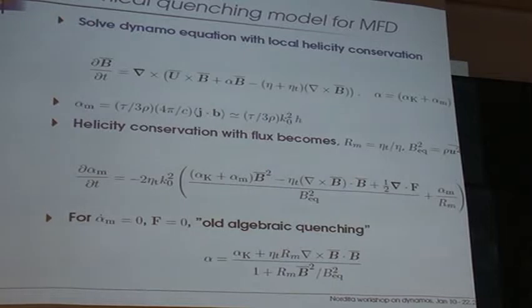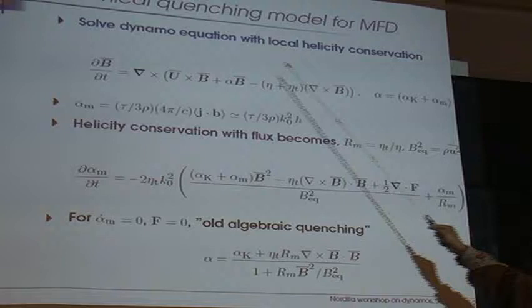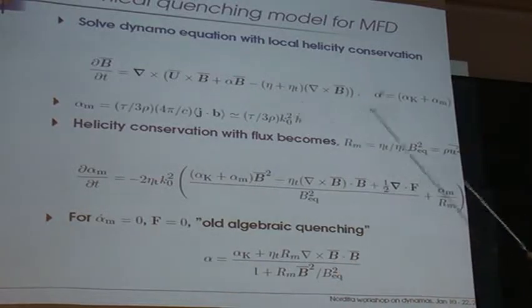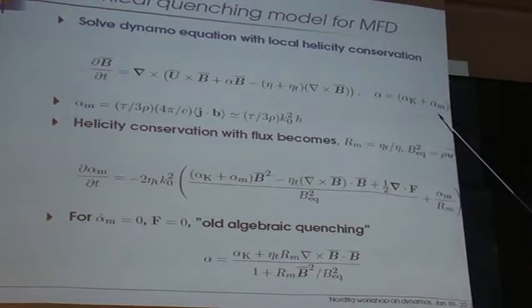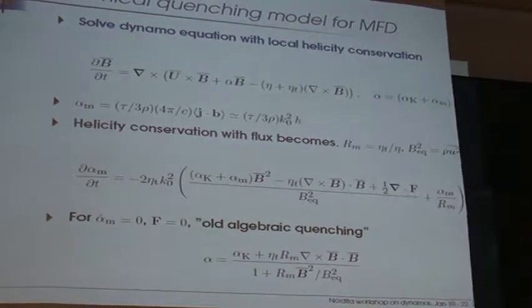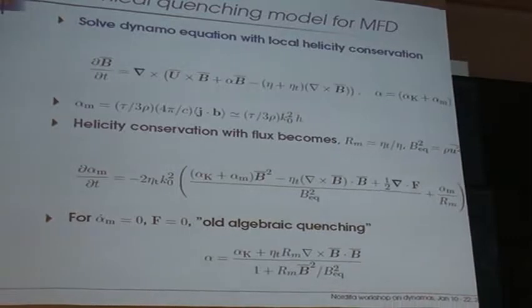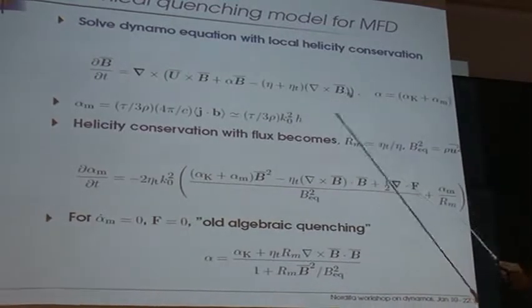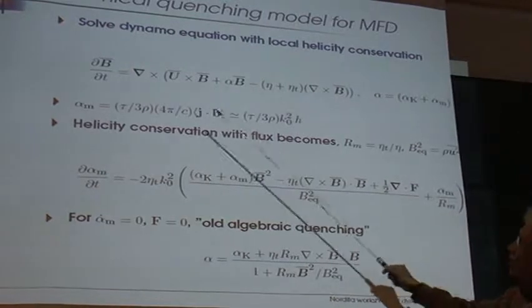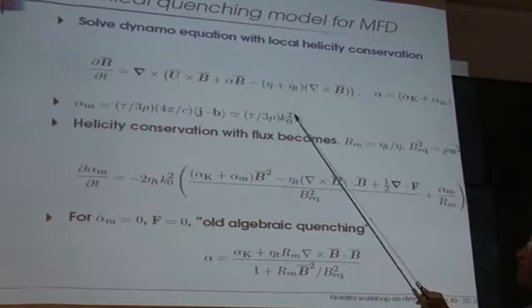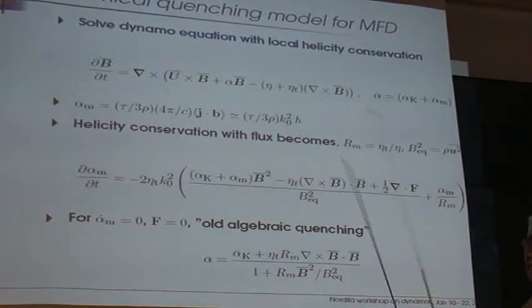Then if you accept this, you take the mean field dynamo equation with an alpha effect, but to the alpha you now add a magnetic alpha. In this approximation, you don't do anything much to the turbulent diffusion coefficient. Then you look at the helicity conservation equation, and you try to relate the helicity to the current helicity and the magnetic helicity by using some scales of the field.